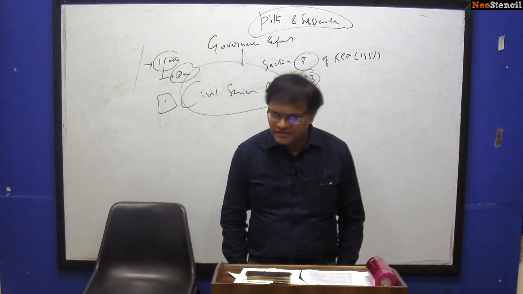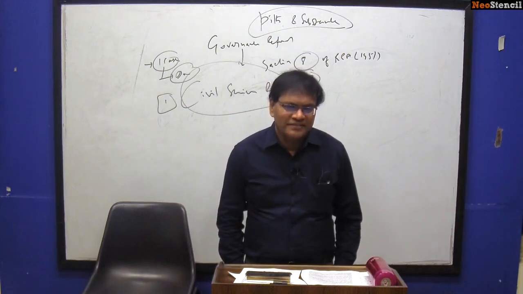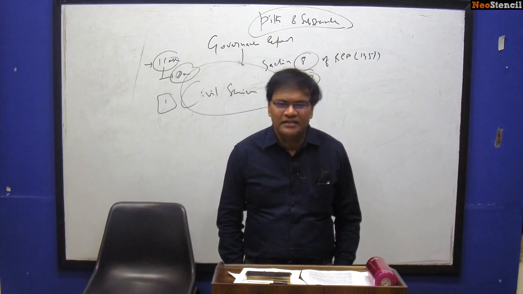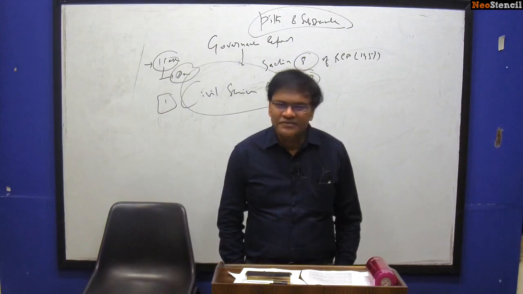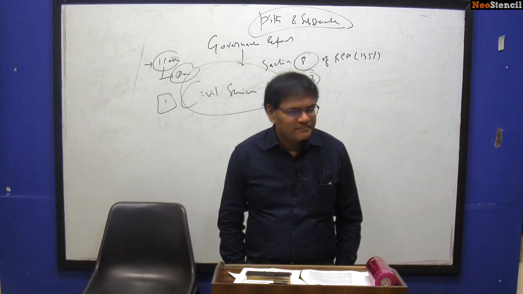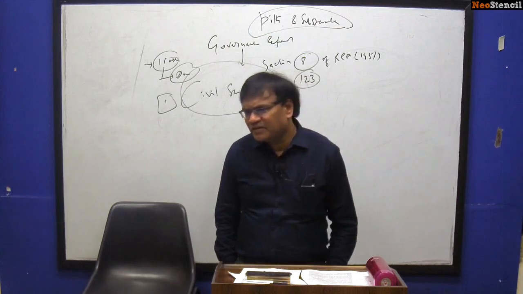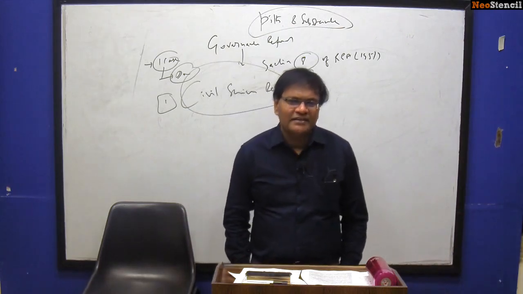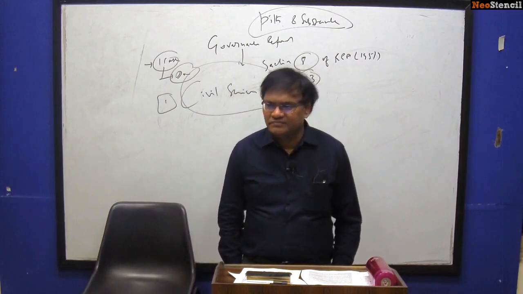In physics, we say that there is no place for vacuum in nature. Those who have studied physics must be knowing. Why? Because once there is empty space, it will immediately be filled with something, gases, air or anything else. In the same manner, in the political climate also, there is no space for vacuum.